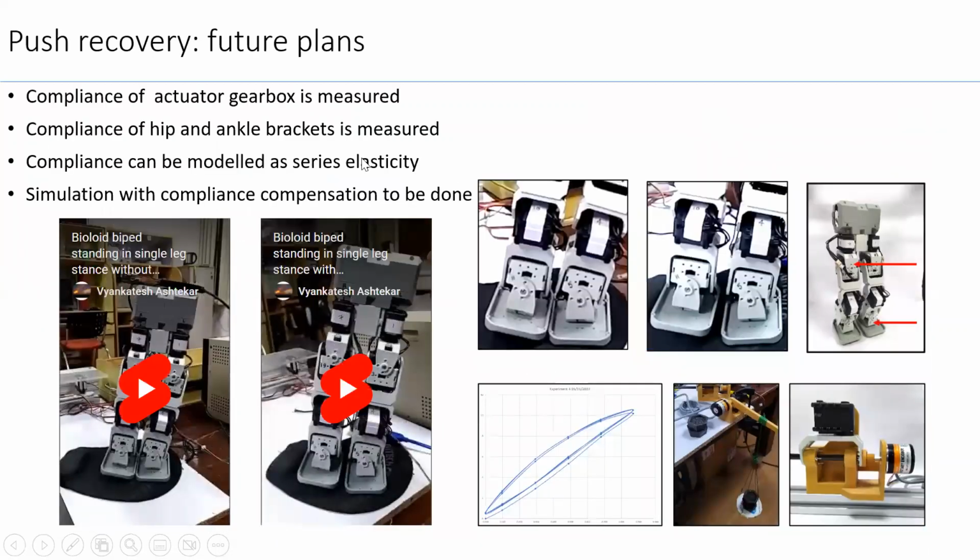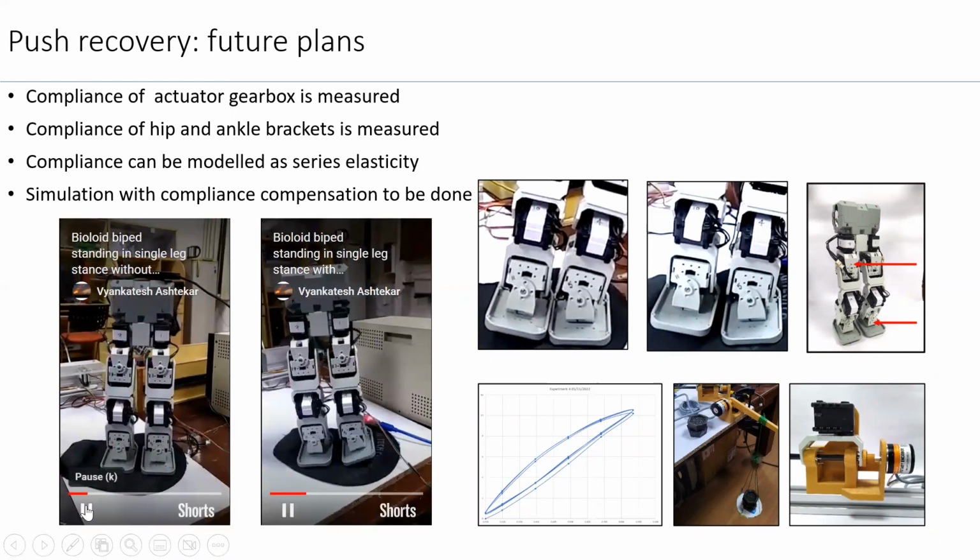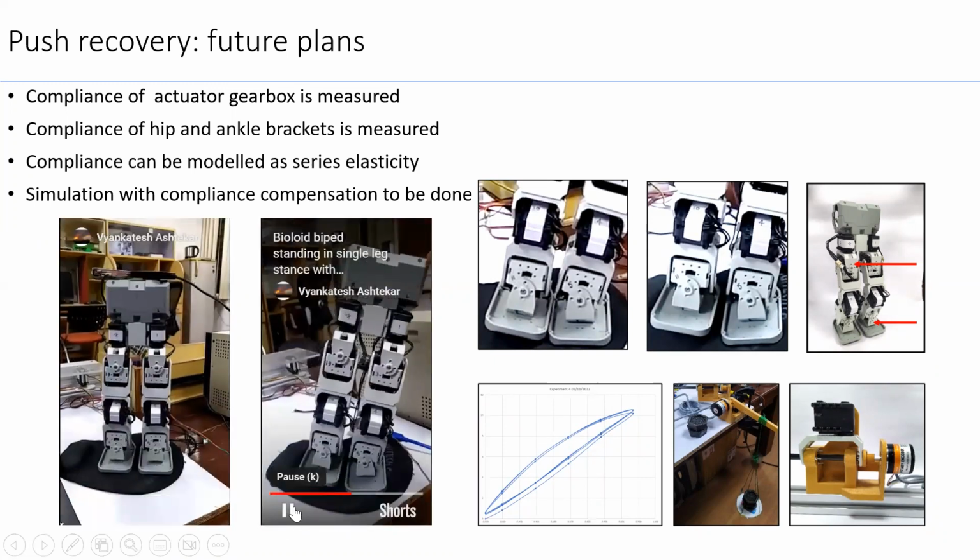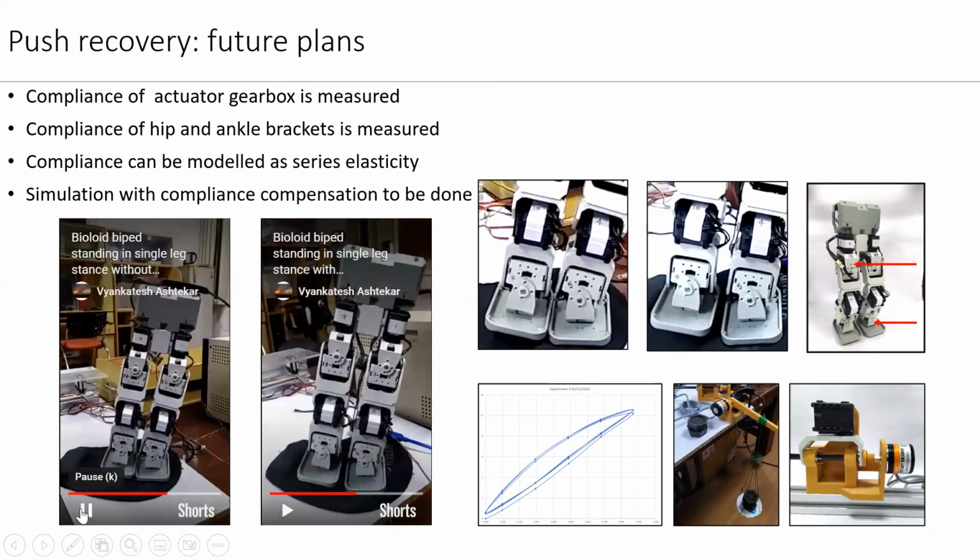Lastly, again, in the area of push recovery, inclusion of actuator dynamics or link compliance is novel. We can see in simulations, mostly in the single leg stance, that the legs are passive. However, in practice, you can see them hitting each other. Now, this can be sorted with compliance compensation. We have measured the compliance at the hip and the ankle brackets, which we found to have some significant compliance.